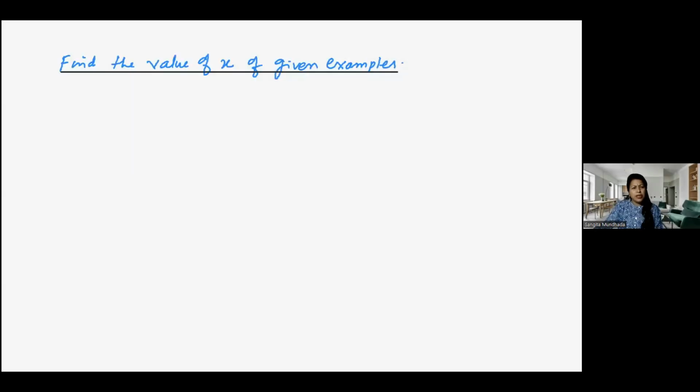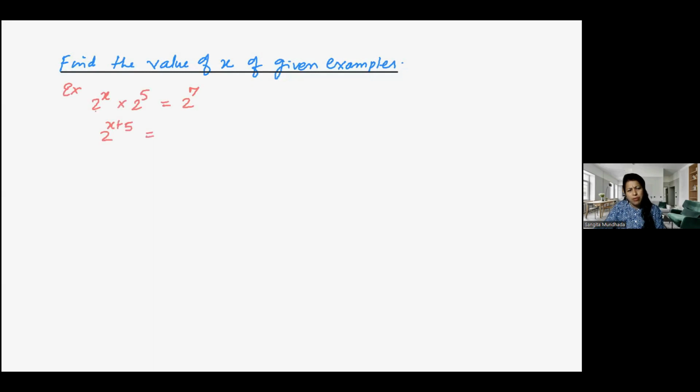In this section, we are going to find the value of x of given examples. For example, 2 raised to power x into 2 raised to power 5 is equal to 2 raised to power 7. Here the base is same, so we can add x plus 5. Which law do we use here? First law.